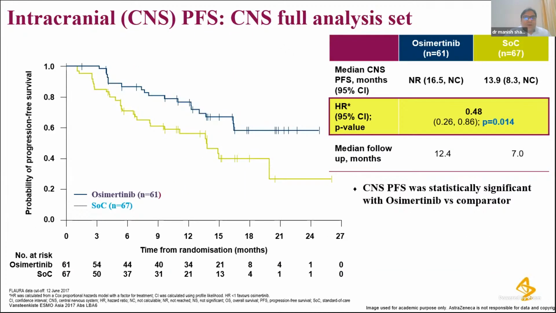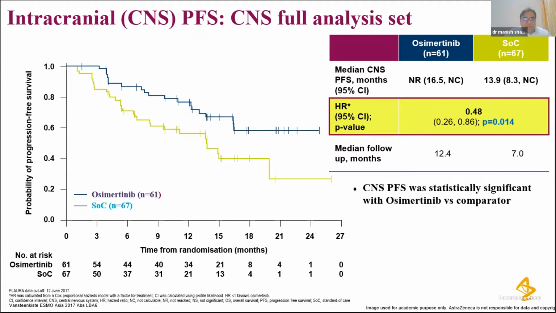So this is the full analysis set for the CNS analysis. The median PFS in the osimertinib arm was not reached versus 13.9 months for the standard of care arm. Median follow-up is 12.4 months for osimertinib and 7.4 months for the standard of care arm.